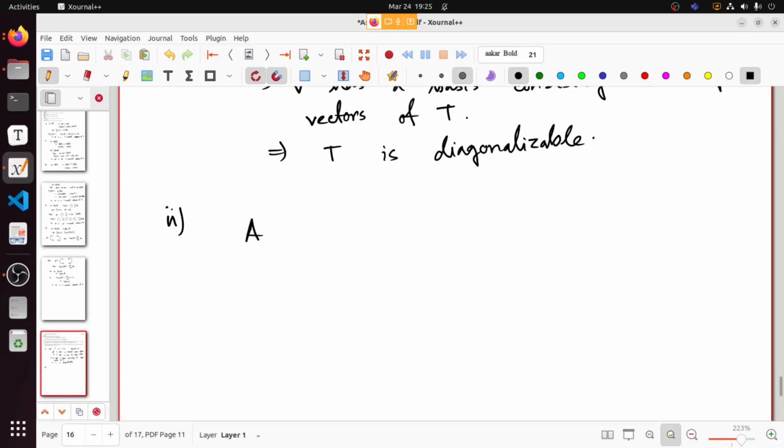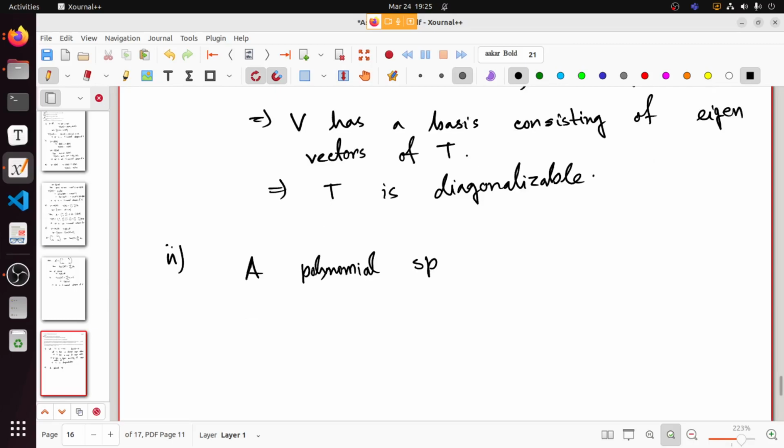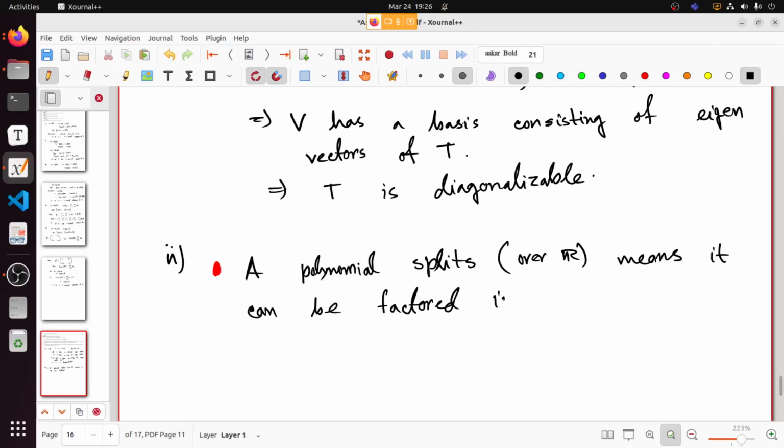A polynomial splits over R, here meaning over the real numbers, means it can be factored into linear factors.